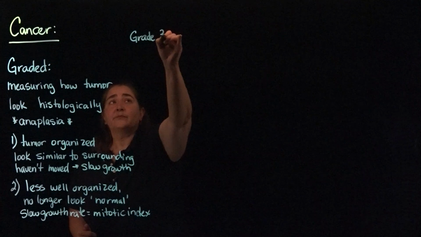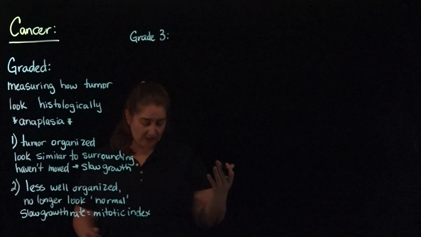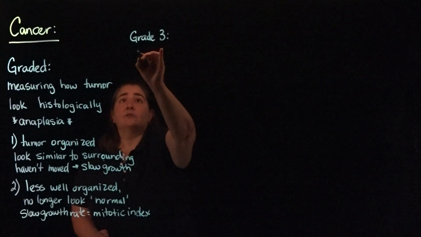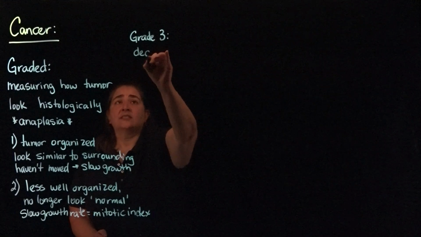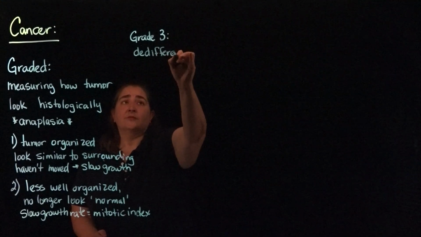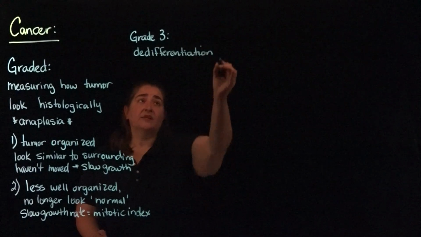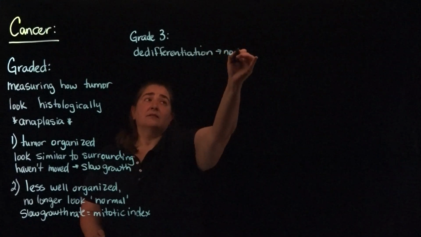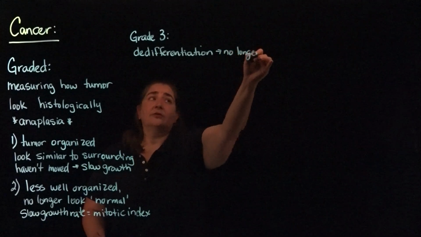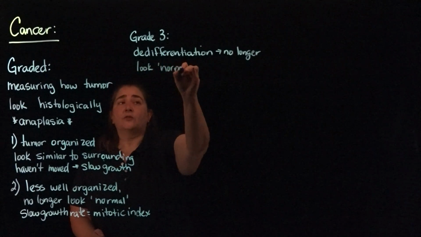Grade 3 now is getting progressively more serious. All right? Grade 3 is where you start to see more of the differentiation beginning. All right? These no longer look like the surrounding normal tissue.